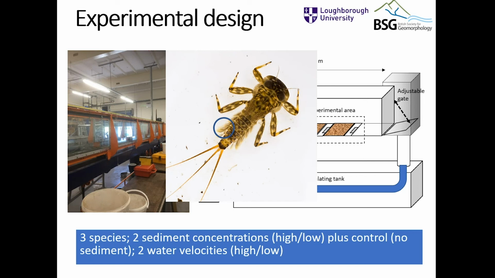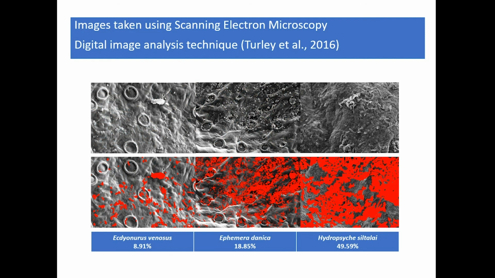So this is one of my target species. This is a mayfly, and you can see it has these gills held outwards to the side, and this is what I removed. And in order to assess the effect of abrasion and clogging, I used a technique which was actually developed for using visual assessments of fine sediment on riverbeds.